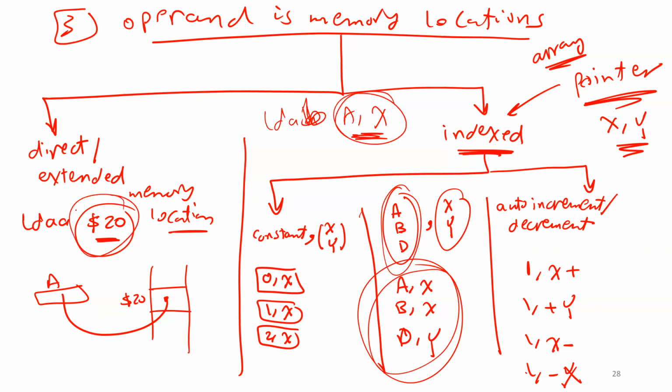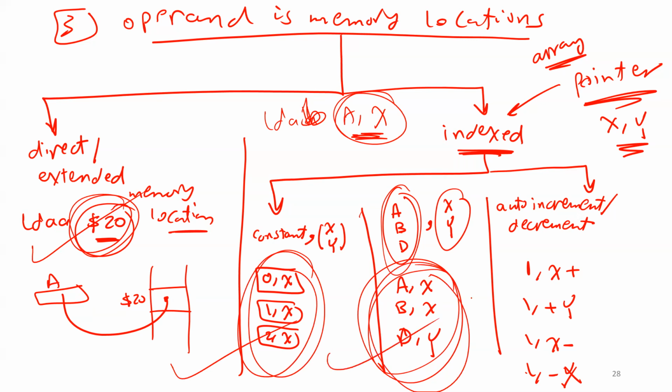Once you see a number without a hashtag, that's memory. Once you see something like this, that's memory. That means I'm going to read the byte from this location and store it in register B. So number 1, once you see this format, it means it's memory.